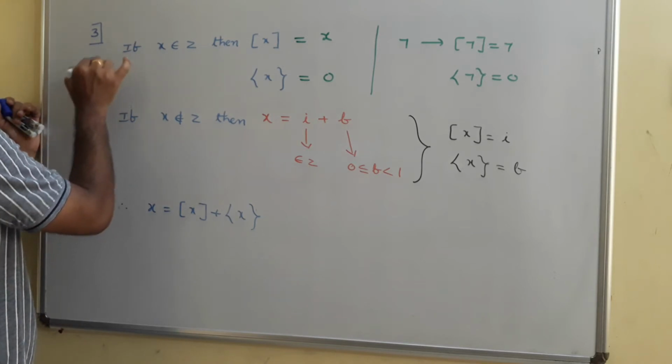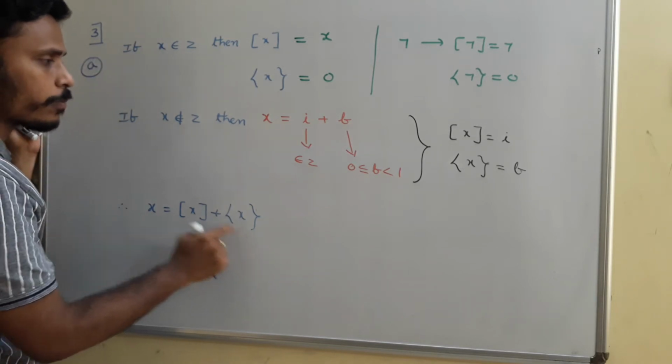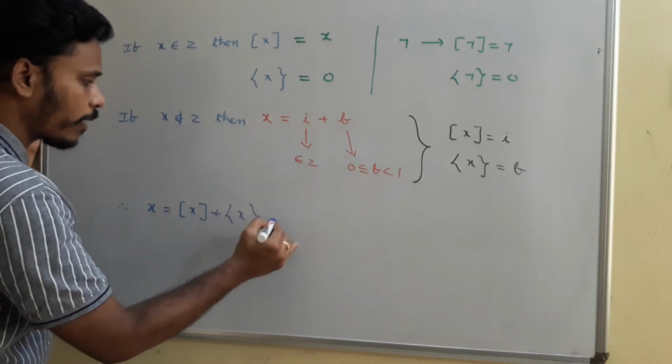You just take it as 3a: x is equal to floor x plus fractional part of x. This is one observation.